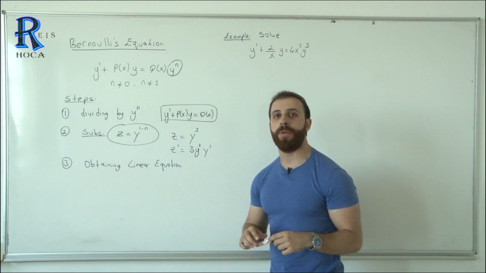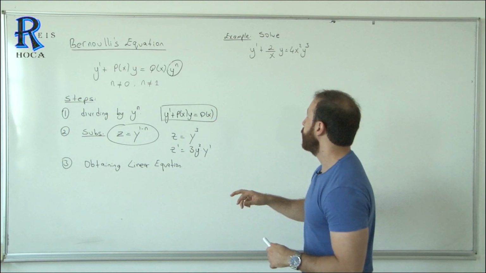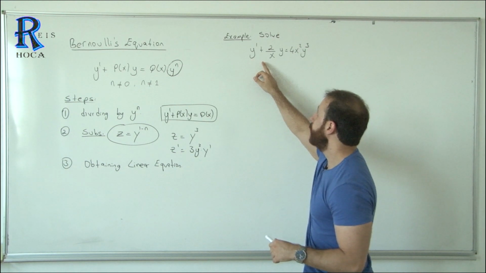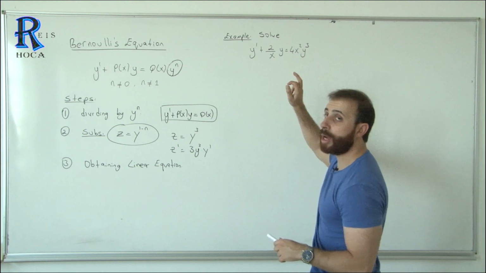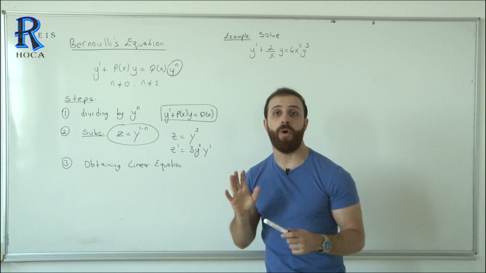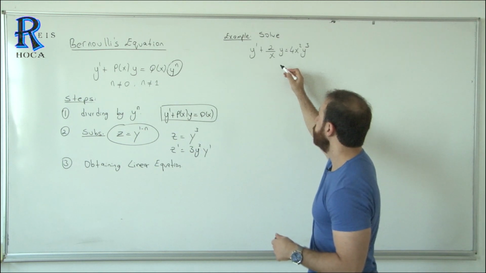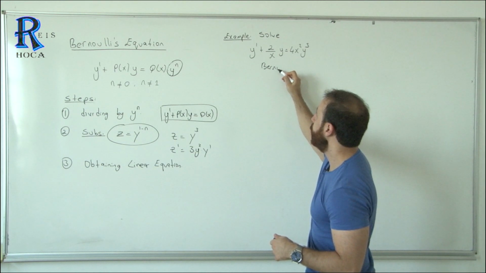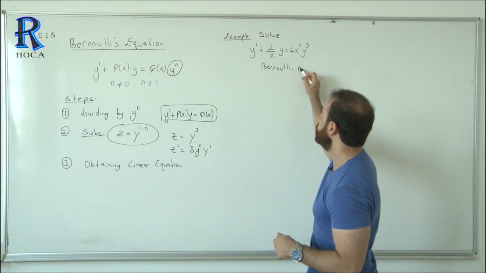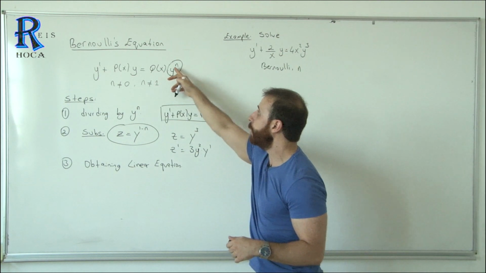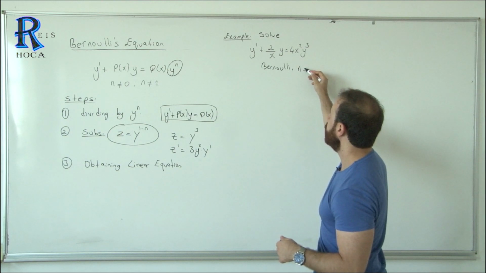Let's solve an example and you will understand better. There is a derivative, p(x) y, and on the right side there is a term of y. That's why this is Bernoulli, and what is n? It is y to the power of n, that's why with y cubed, n equals 3.